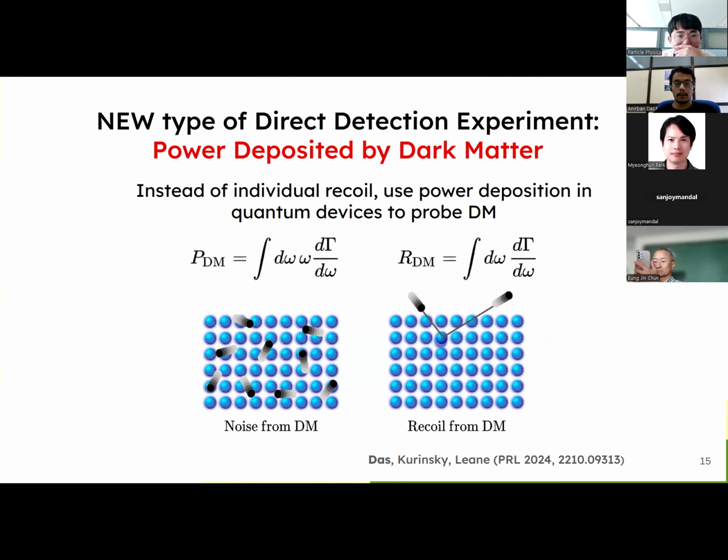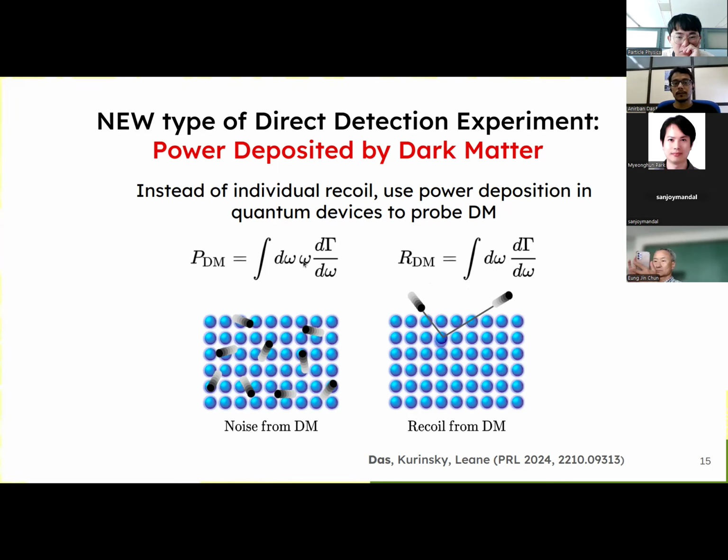The idea behind using the power deposition is the following. In the conventional dark matter detection experiments, we calculate the total scattering rate. This is the spectrum, the rate of dark matter scattering per unit energy interval, and you integrate that over the energy and you get the total scattering rate.